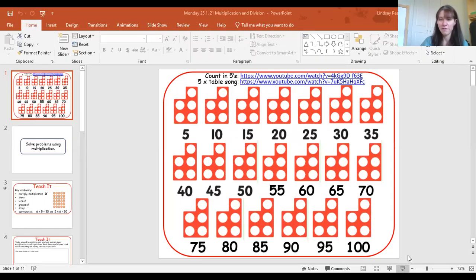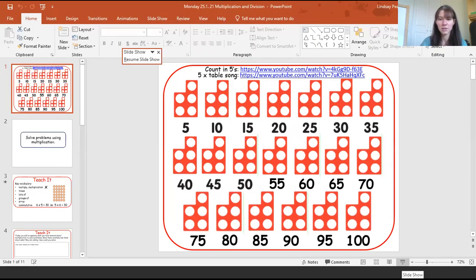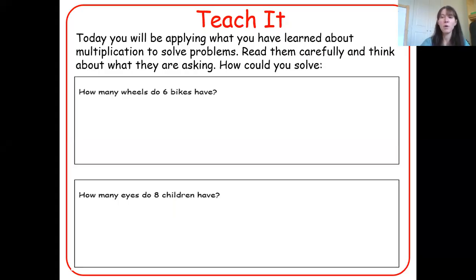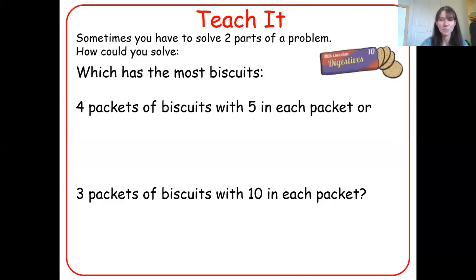Brilliant. Well done, all of you. So those are the first 2 calculations. I'm just going to go back to sharing with you again so that we can move on. Give me a moment. Lovely, lovely, patient children. Well done. Here we go. So we had 12 and we had 16.